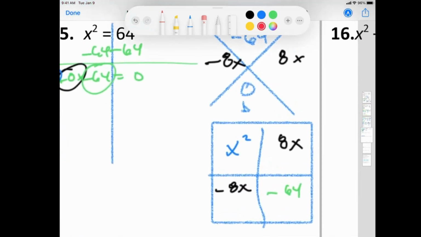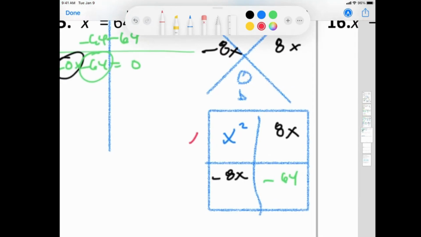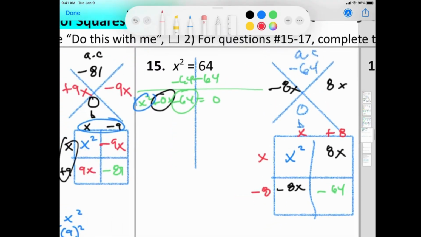Then if you take your common factors, you'll get x, negative 8, x, and positive 8. Then solve: you just set each of those equal to 0. So you get x equals 8 and x equals negative 8.